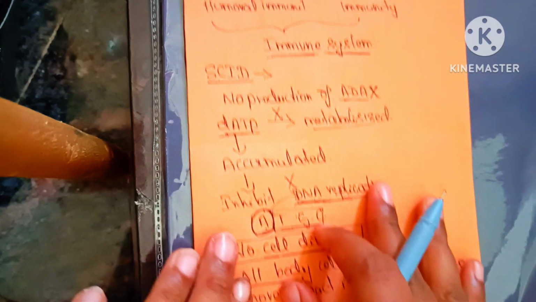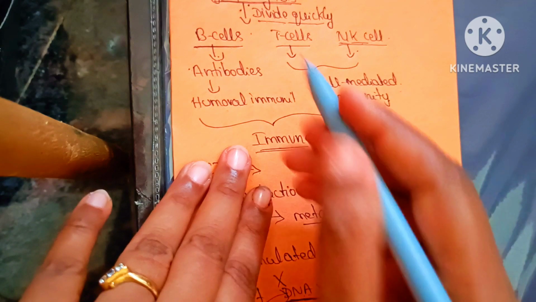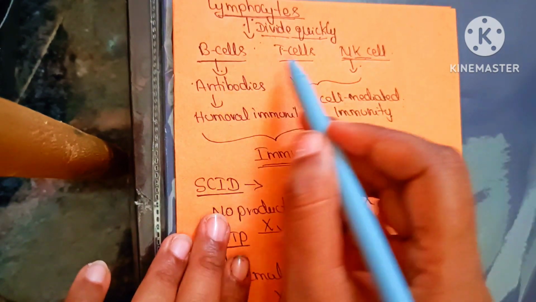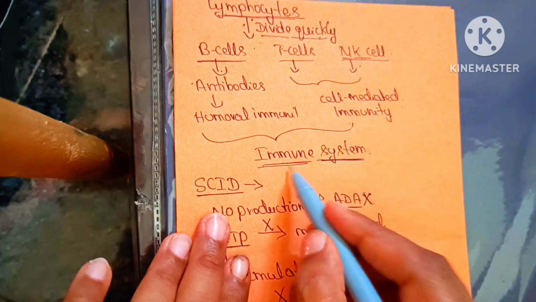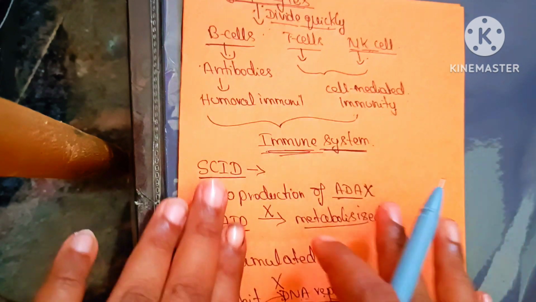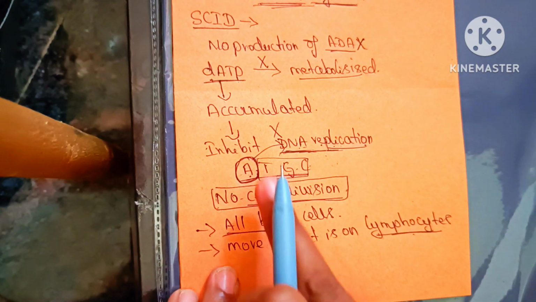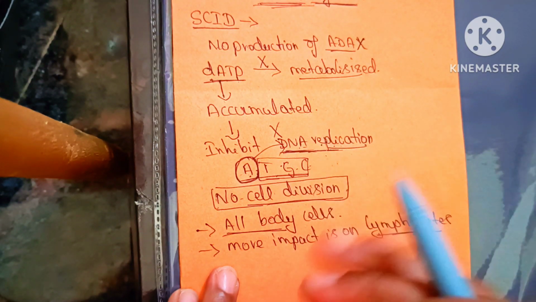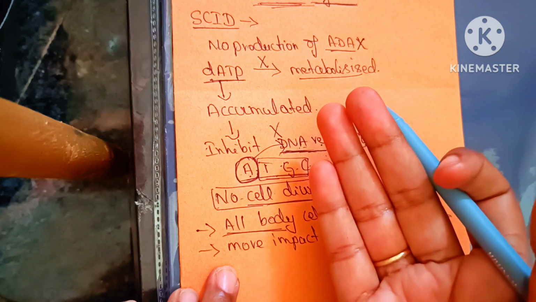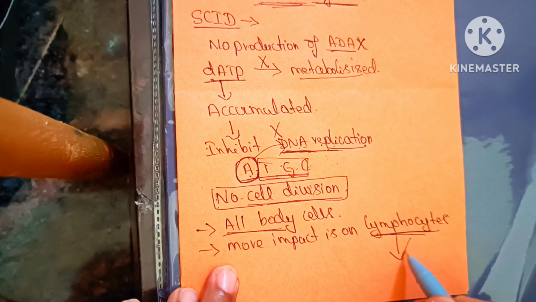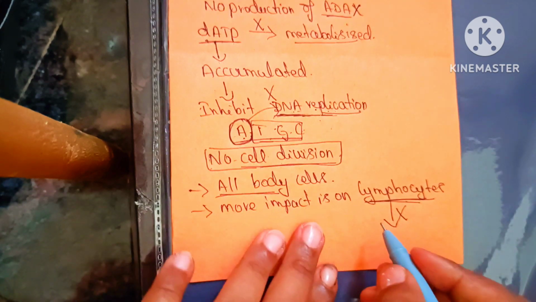See, for what are lymphocytes required? Here we have discussed that lymphocytes have to divide quickly to form B cells, T cells, natural killer cells. Then the immune system will be strong. Here in SCID patients, there is no metabolism of adenosine. It will get accumulated in the body. As a result, lymphocytes will not undergo differentiation. Then what happens?